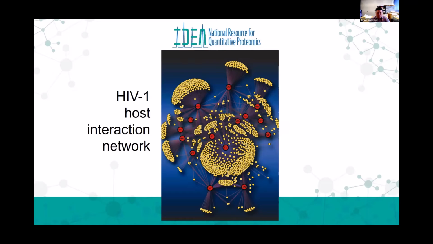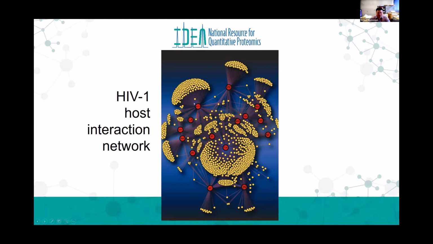If you're interested in the life cycle of the virus inside the host, then you're really looking at more of an interaction network than a series of independent measurements necessarily.